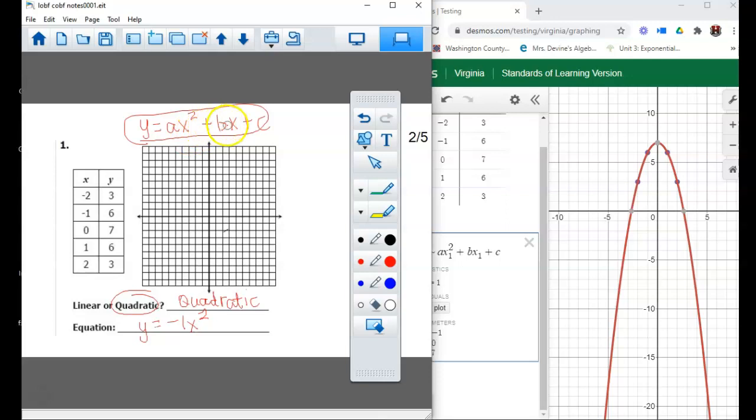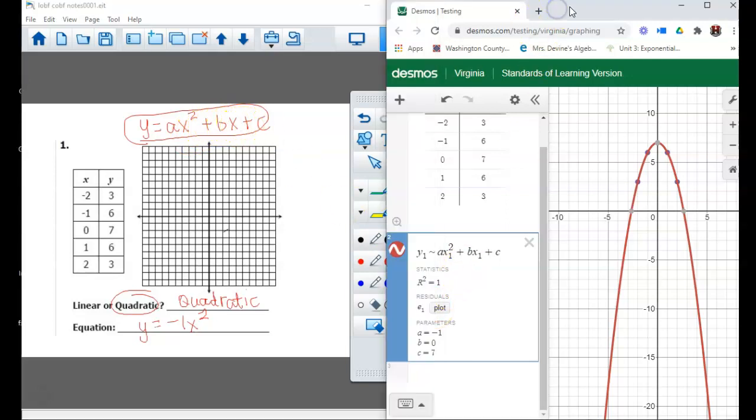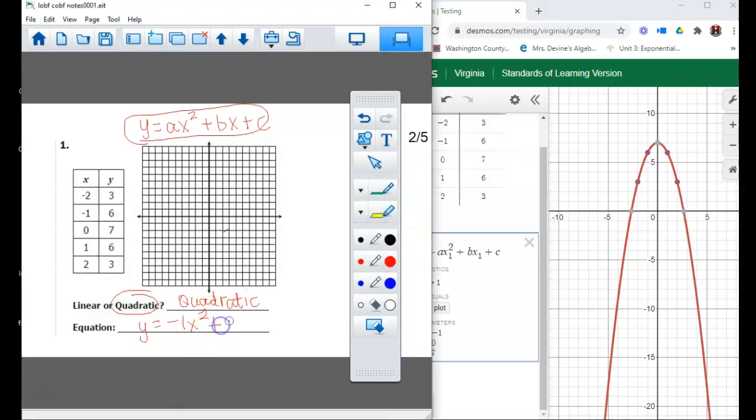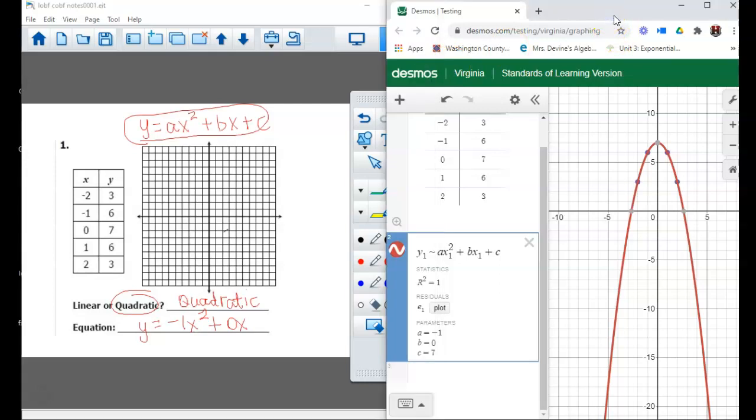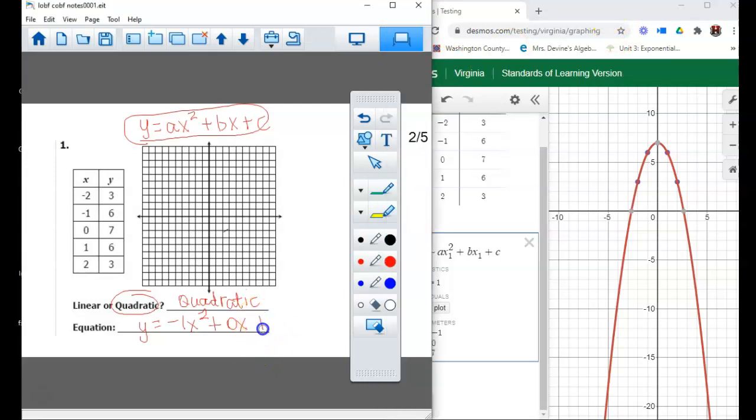Now, you have plus bx. Well, the calculator tells you that b is 0. So you're going to do plus 0x. And then notice at the end there is plus c. The calculator tells you that c is 7, so you'll have plus 7. So the 3 numbers the calculator gives you will help you write this equation.